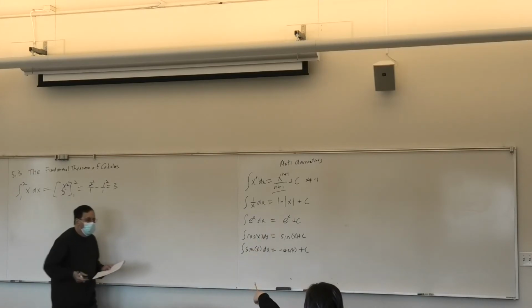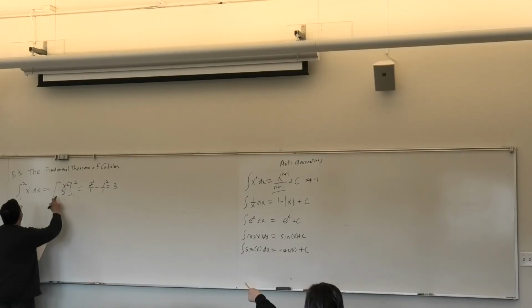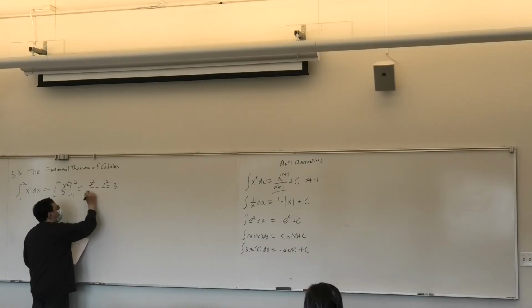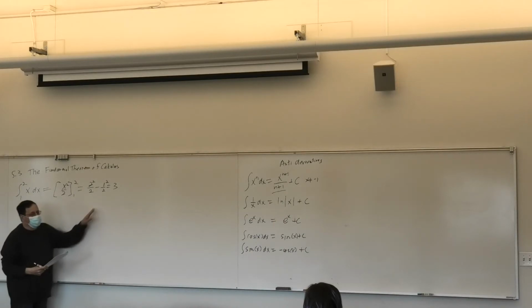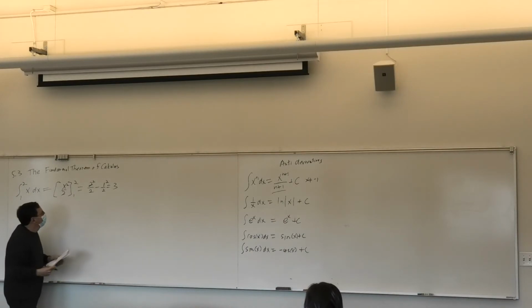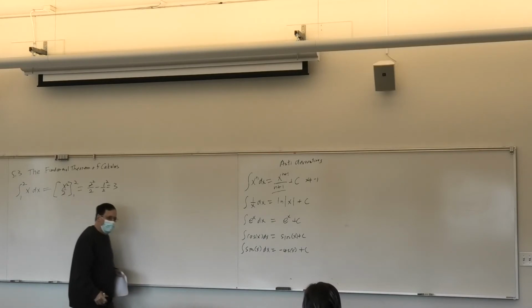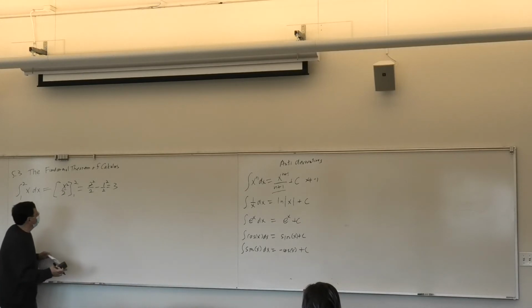Yes? Why is it over 1? Isn't it supposed to be over 2? Oh, yeah. Thank you. It still comes out to be 3. It's 3 over 2. No, it's not 3. See, when I stop paying attention, I find out if anybody else is.